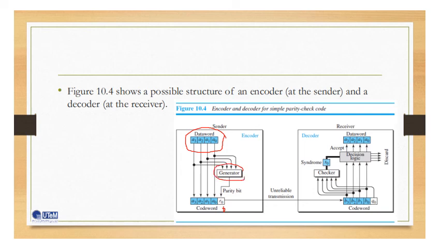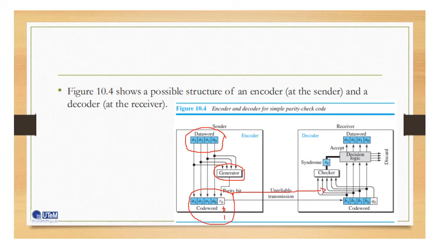The generator will produce the parity bit. Let's say 1 plus 1 plus 1 plus 0 equals 3, an odd number. So the generator will generate parity bit 1. It will be combined and transmitted.